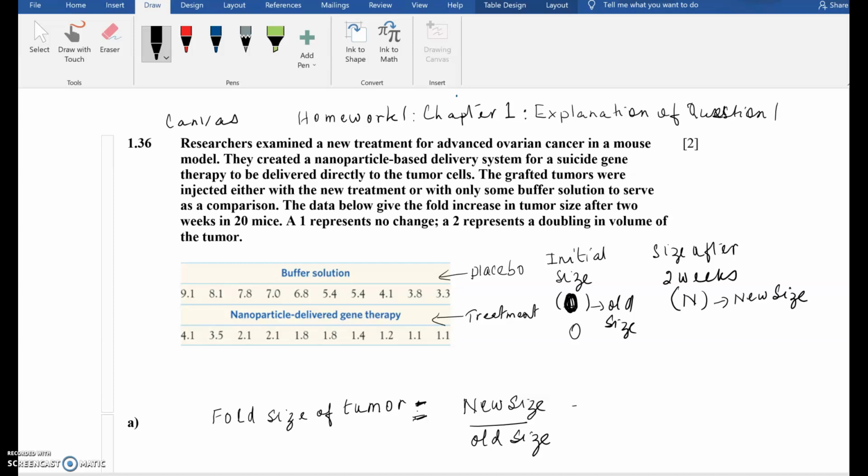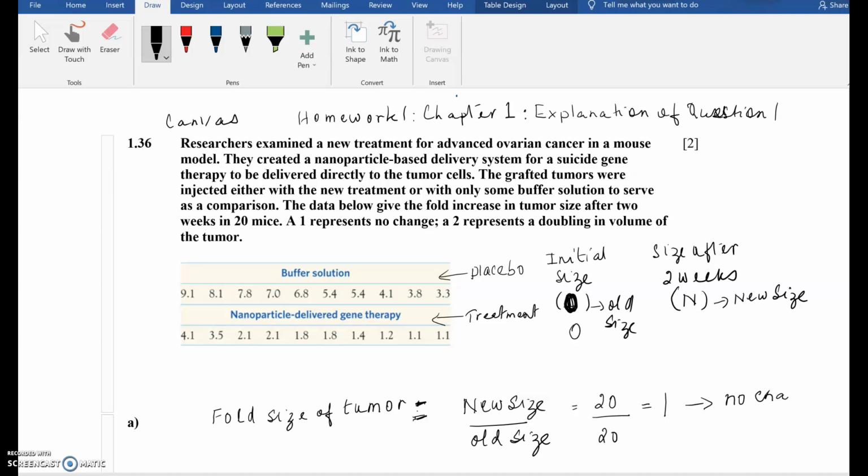Now suppose the old size is 20, and the new size is 20. So this is good news because the tumor has stopped growing. So 20 over 20 is 1, which means no change.